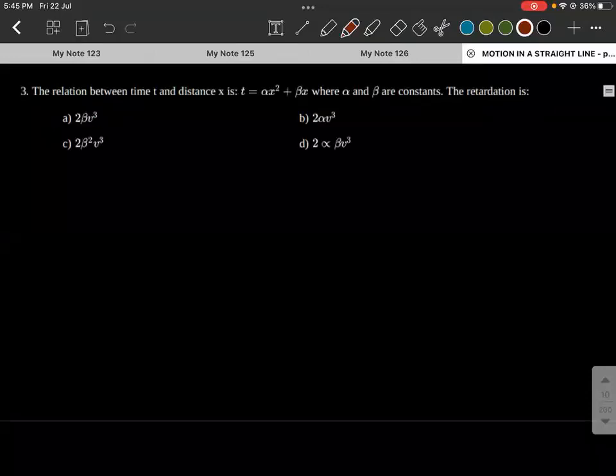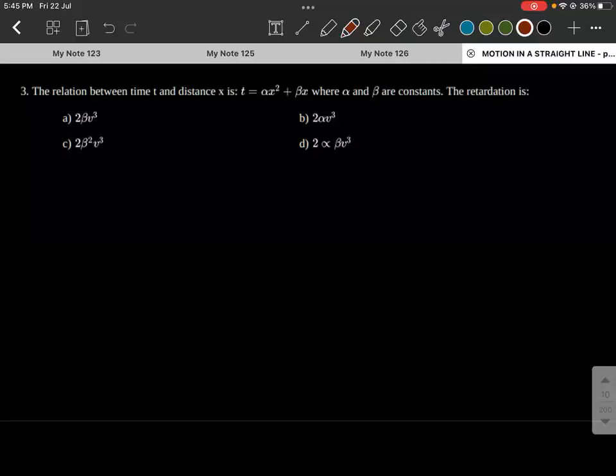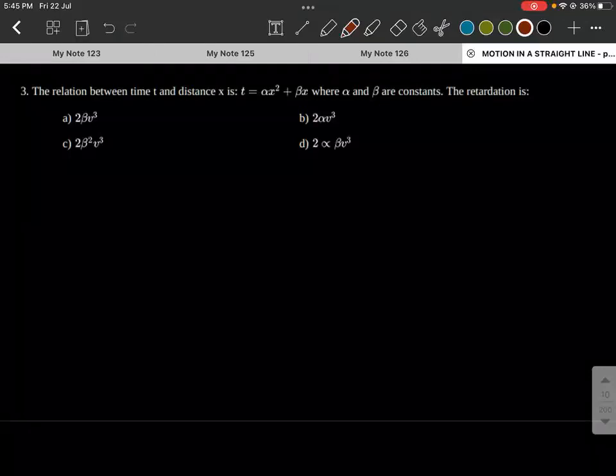The relation between time and distance is t is equal to alpha x square plus beta x, where alpha and beta are constants. The retardation is.